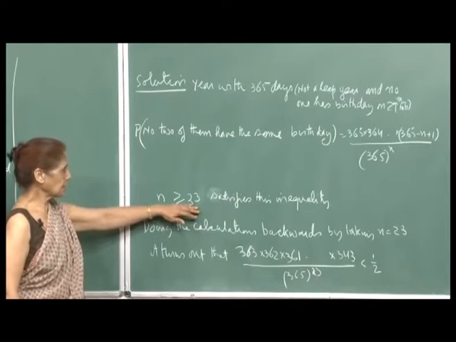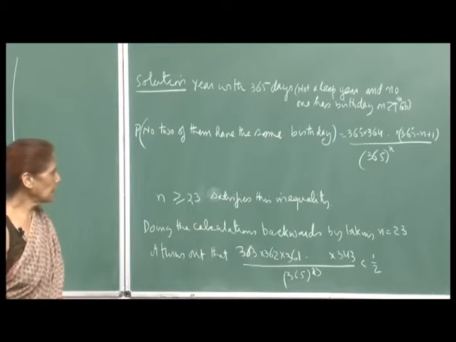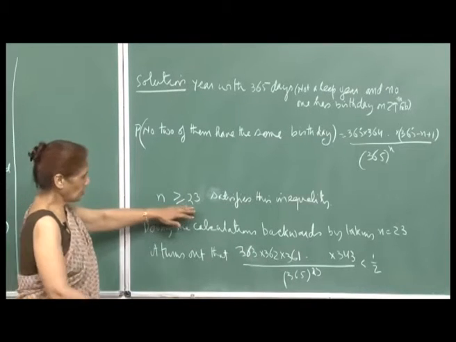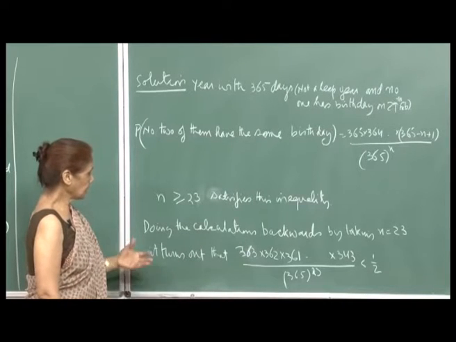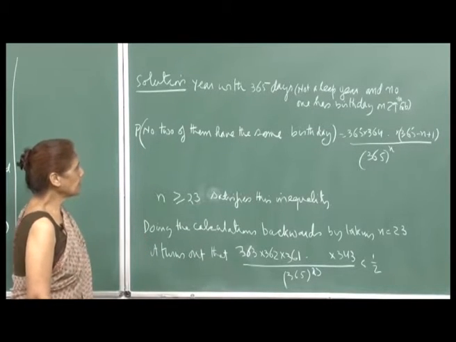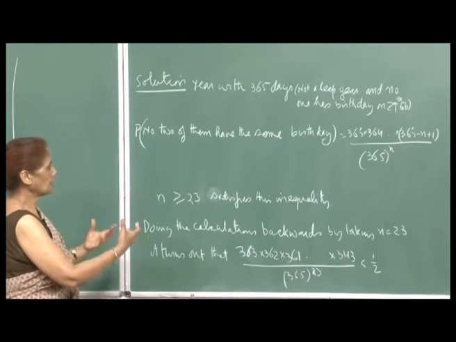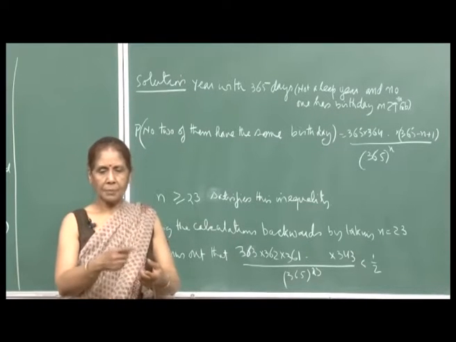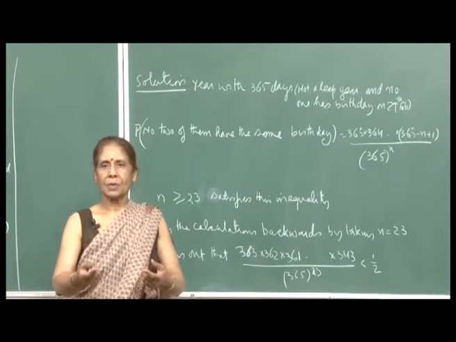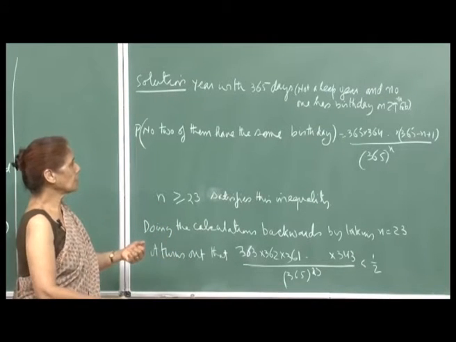So, this is just enough, and that means, if you have more than 23 people in the group, then the probability will still be less than half. So, this is the idea. Now, calculating it otherwise becomes difficult, because in the group, if A and B have the same birthday, then it is possible that B has the same birthday with C, and so this thing is transitive, and so it is not very easy.